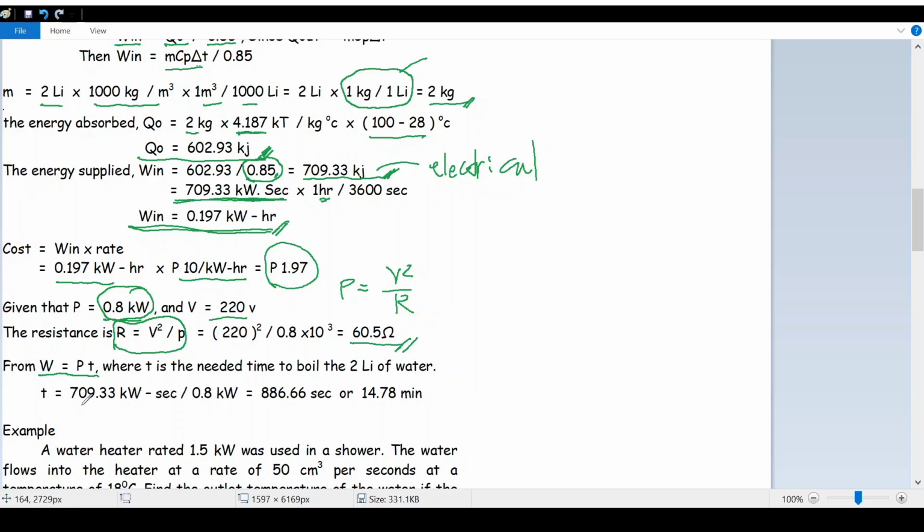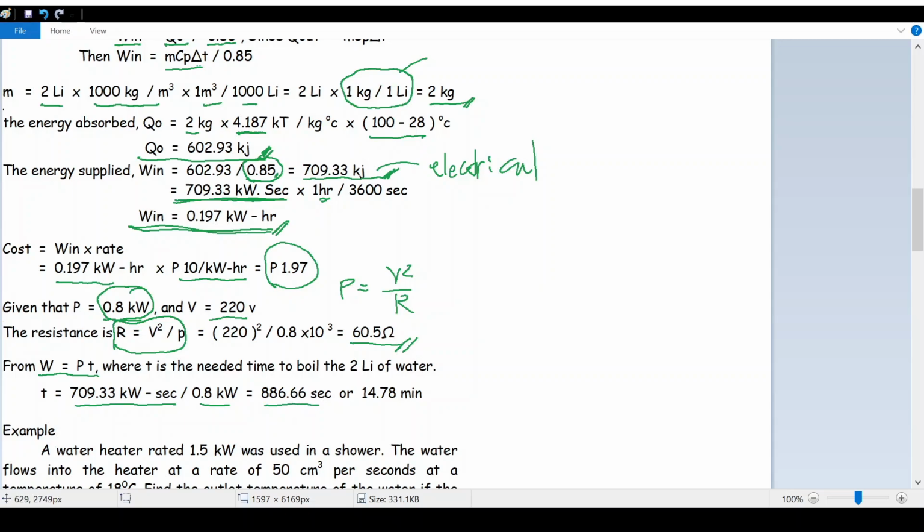So in kilowatt seconds, it is 709.33 divided by the power, which is 0.8 kilowatt.